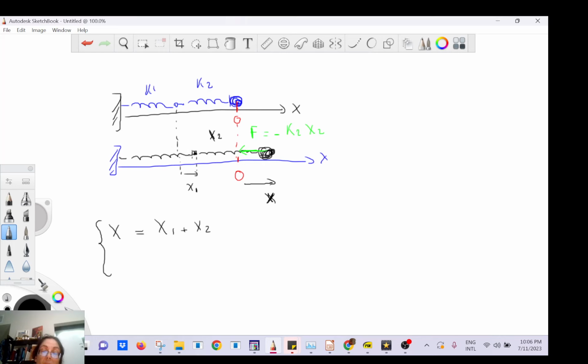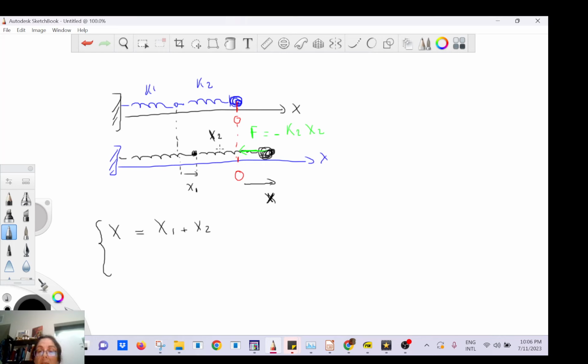What else do we know? If you look at that point here, because there is action, reaction, this force here will be the same as this one, and that spring here is going to pull back here. So what do we have here? We have that K1 x1 has to be equal to K2 x2.